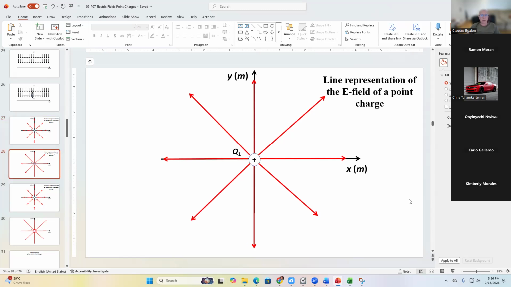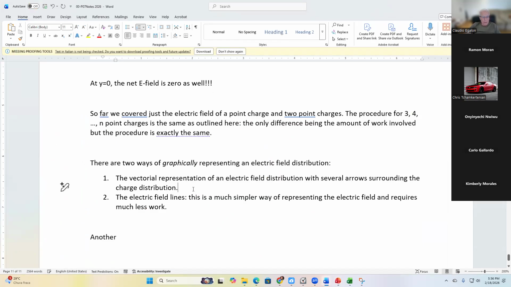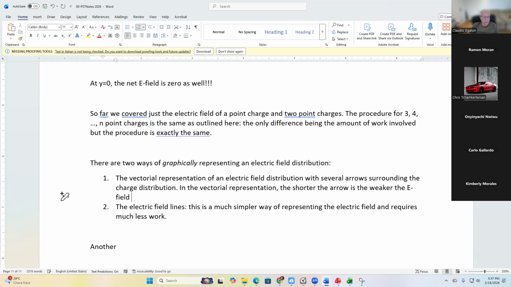Here, the magnitude of the electric field is represented by the distance between the electric field lines. Okay? The further apart the electric field lines are, the weaker the electric field is. Can you remember that? Okay? I'm going to write that down here in the notes. In the vectorial representation, comma, the shorter the arrow is, the weaker the E field is.